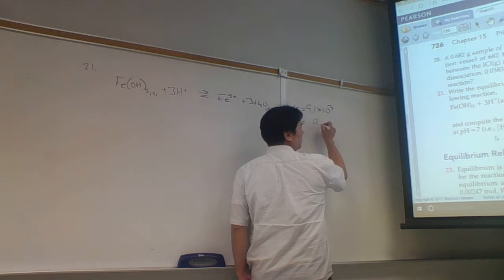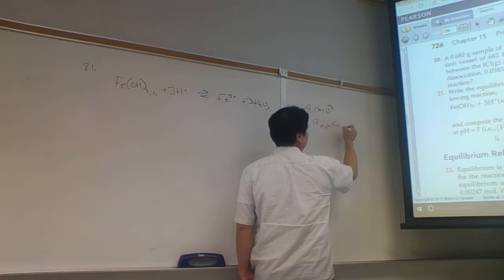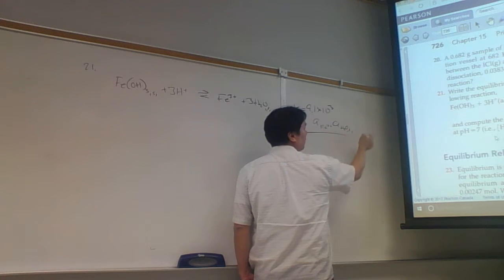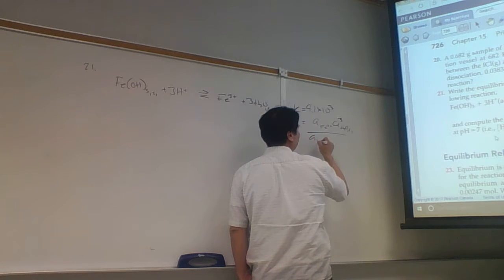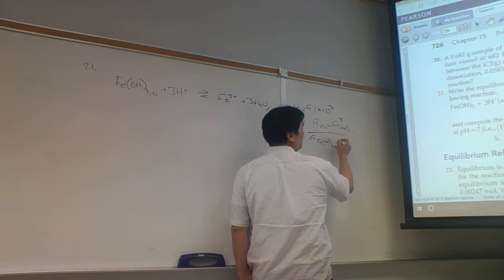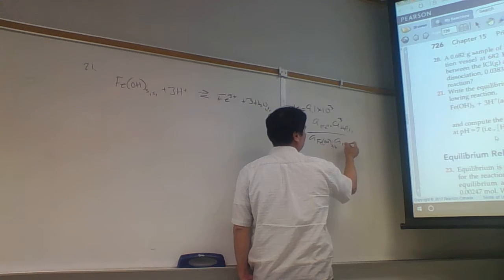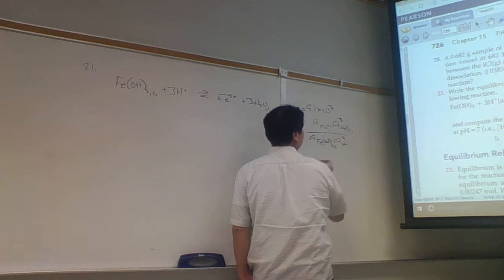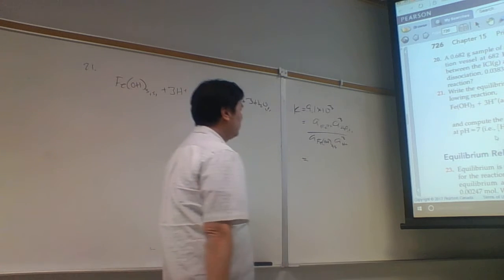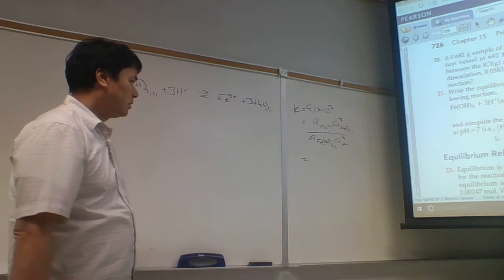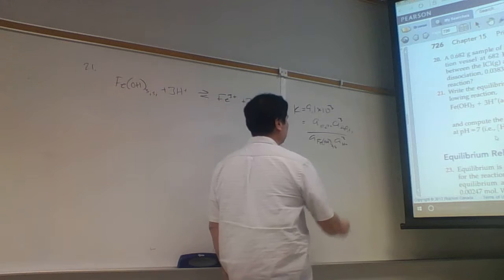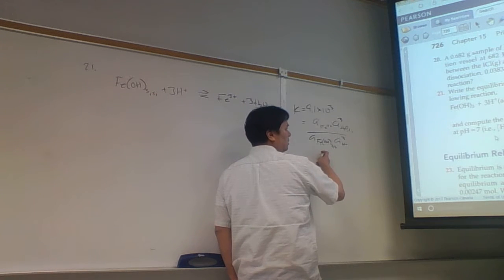The Keq expression is going to be the activity of the products, so the activity of iron 3+ and the activity of H2O liquid cubed, over the activity of iron 3 hydroxide solid and the activity of H+ cubed. Then we convert this into equilibrium constant, either concentrations or pressures.